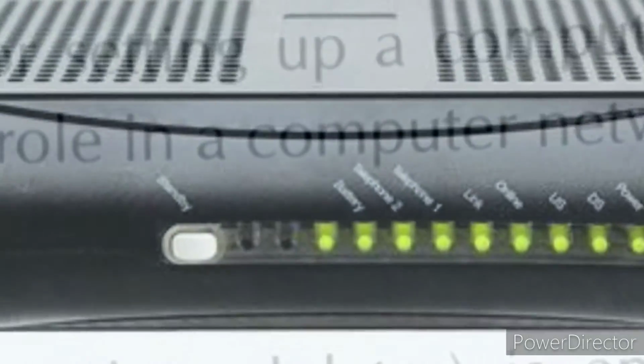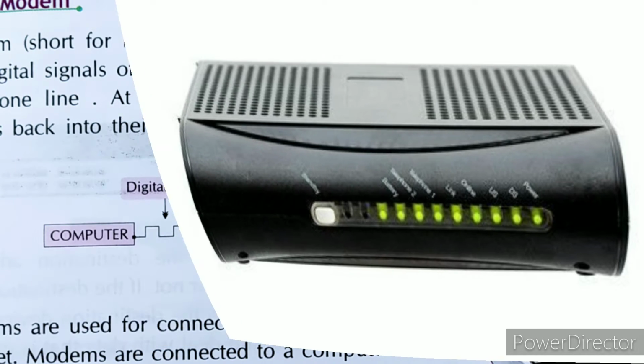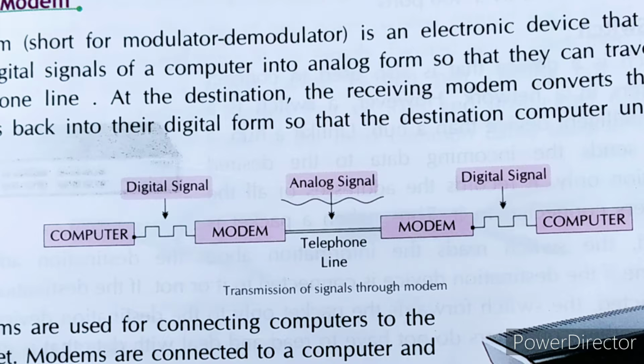First is the modem. Modem, short for modulator and demodulator, is an electronic device that converts the digital signals of a computer into analog form so that they can travel over a telephone line.